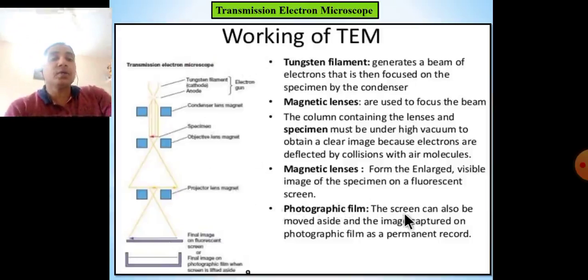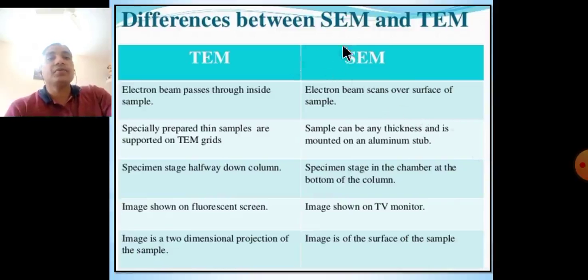Photographic film. The screen can also be moved aside and the image captured on photographic film as a permanent record. Differences between SEM, that is the scanning electron microscope, and TEM. First, in TEM the electron beam passes through the inside of the sample, while in SEM the electron beam scans over the surface of the sample.